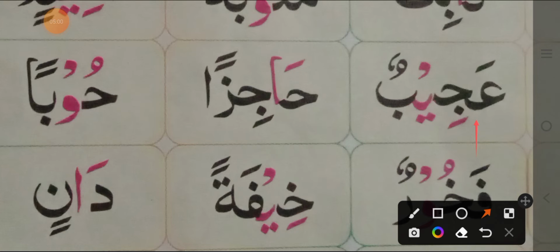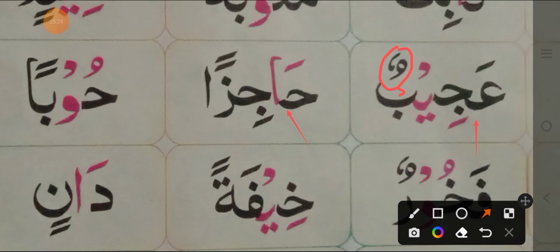In stop, we just remove the two pesh and we just stop the sound on the ba: ajib. Ajibun in stop, ajib.